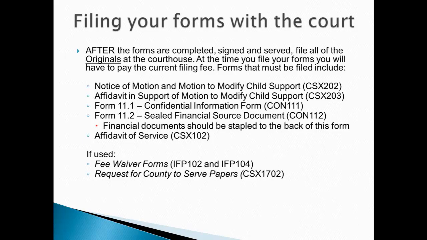Attached to that are any financial documents that you plan to file with the court, and the Affidavit of Service Form, CSX 102. You may also be filing the fee waiver forms that will be addressed in Chapter 6, the Request for County to Serve Papers, CSX 1702, which was addressed in Chapter 4.